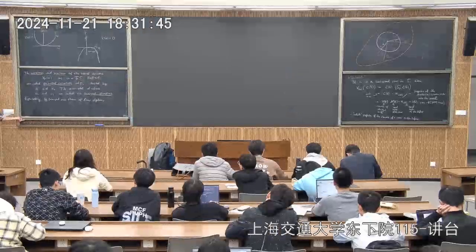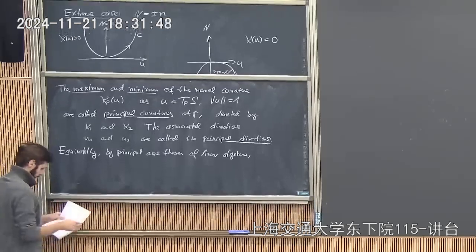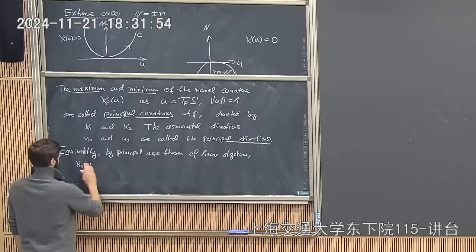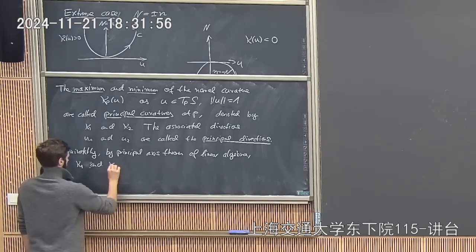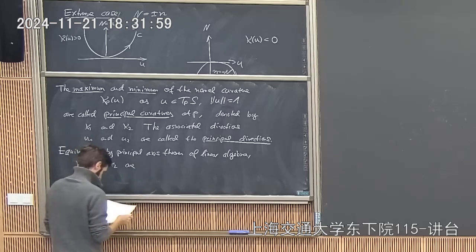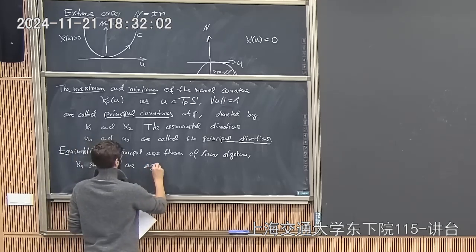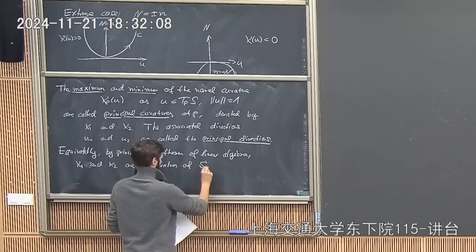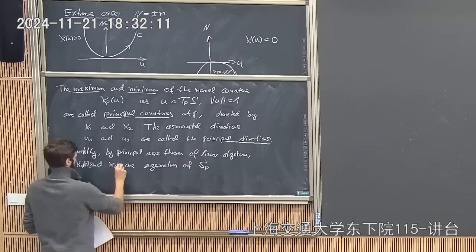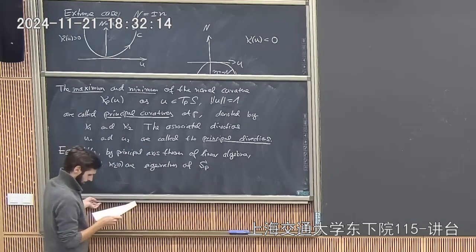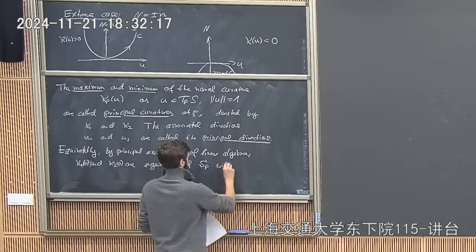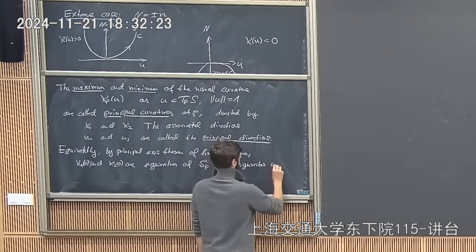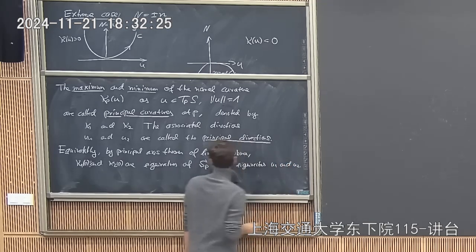If not, then you just accept the following statement, namely that kappa 1 and kappa 2 are eigenvalues of the shape operator at P, with eigenvectors u1 and u2.